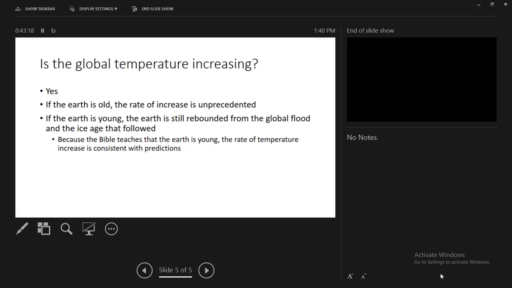So the Bible teaches that the earth is young, and so when we take the rate at which global temperature is increasing, it is consistent with what you would predict. And is consistent basically from the last ice age until now, that the rate of increase has been basically the same. So the temperature is increasing, but the rate of increase has been pretty constant since the ice age.